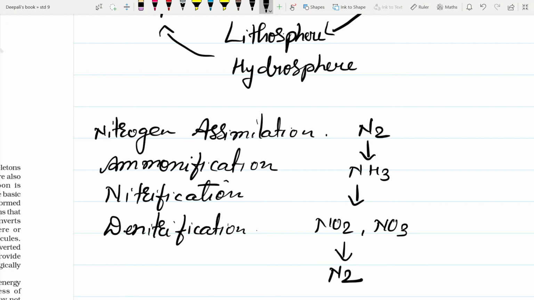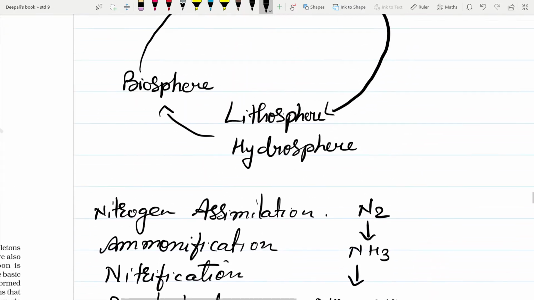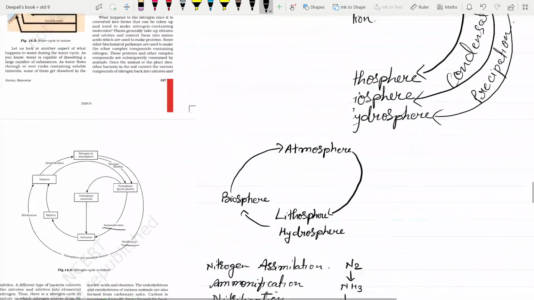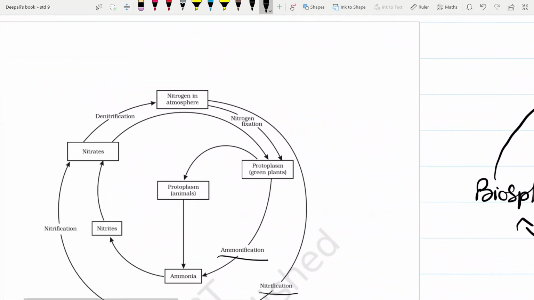Now let us see how this cycle occurs. Here the atmospheric nitrogen is fixed by nitrogen fixing bacteria, that is rhizobium, azotobacter or blue-green algae.